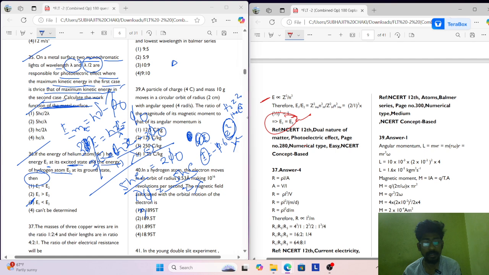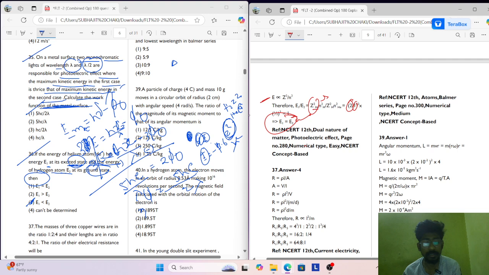Okay, the excited state is said, one is the ground state. For helium, the excited state is 2. For hydrogen, the ground state is 1. Sorry, pardon me, Z is 2 for helium and Z is 1 for hydrogen.